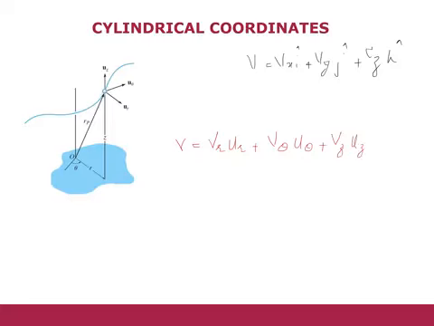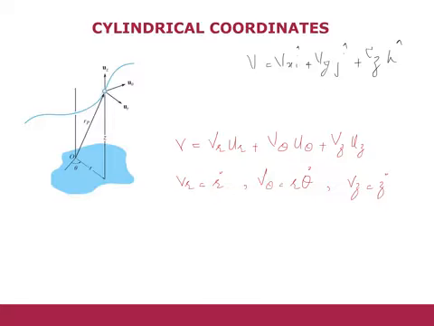So ur, u theta and uz are the unit vectors, whereas vr, v theta and vz are the magnitudes. These magnitudes can be calculated by using the relations vr equals r dot, v theta equals r theta dot, and similarly vz equals z dot. We are not going into the details of the derivation of these relations, rather we are using the results only.